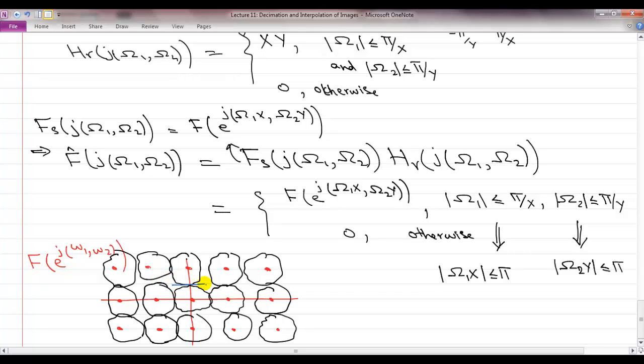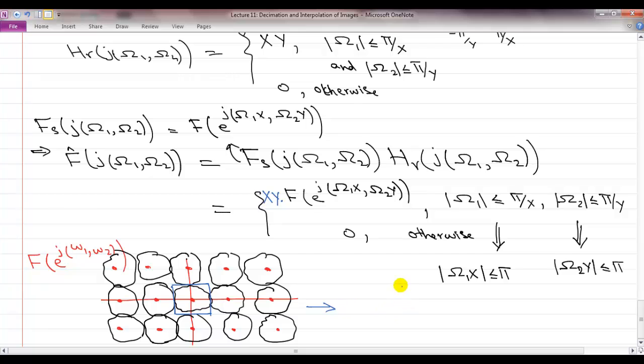So you just look at this square region and you pull that out, because that is due to the filtering operation. And after that, since I actually talked about scaling, I should have X Y here too.